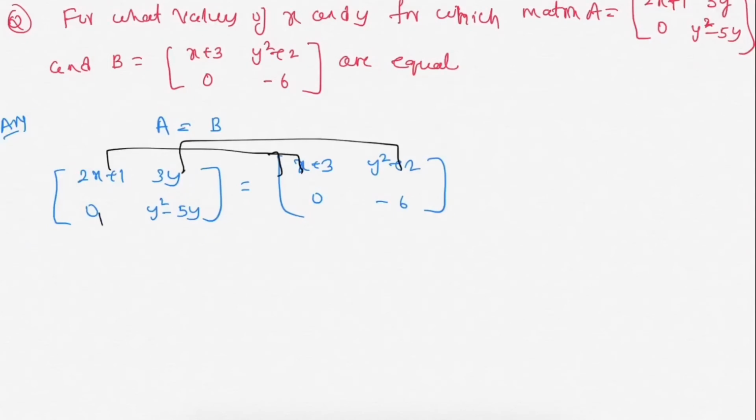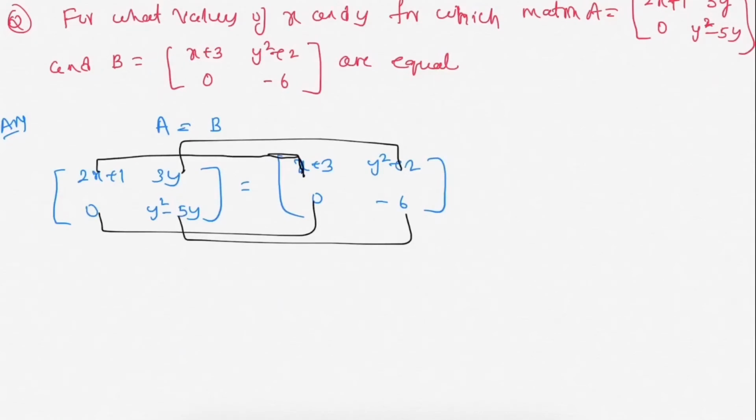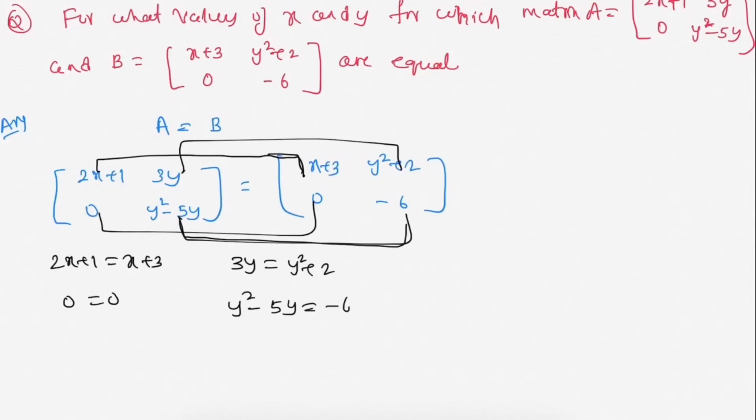So 2x plus 1 equal to x plus 3, 3y equal to y square plus 2, 0 equal to 0, and y square minus 5y equal to minus 6.